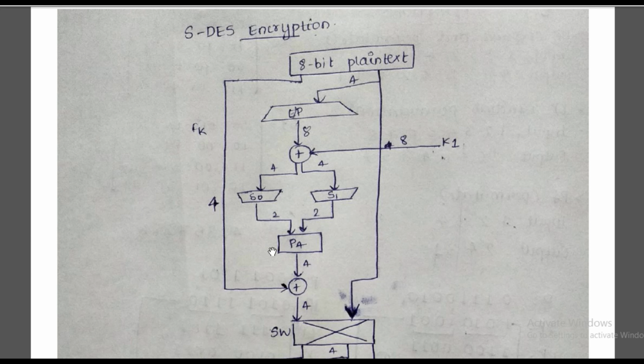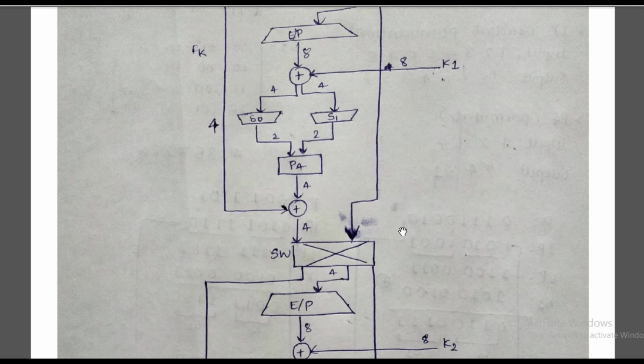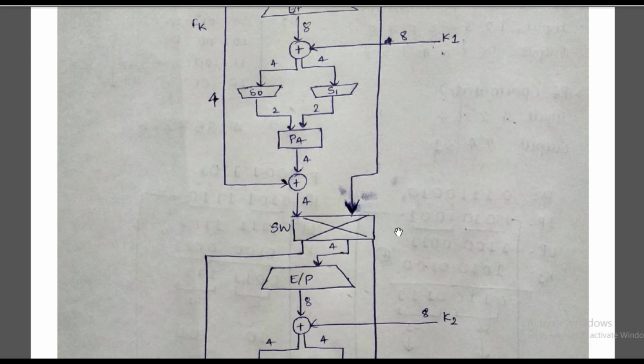These 4 bits are then XORed with the left 4 bits of the plain text, and it produces 4 bits. After that it is combined with the right side 4 bits of the plain text to form 8 bits, which is then swapped, and becomes the input for the next round.